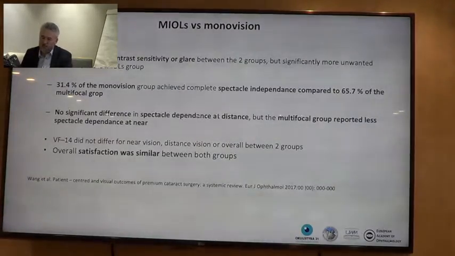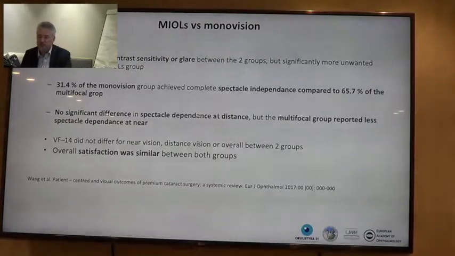About 30% of the monovision group achieved complete spectacle independence compared to more than 65% of the multifocal group. There was no significant difference in spectacle dependence at distance, but the multifocal group reported less spectacle dependence at near. Visual function questionnaires did not differ for near vision, distance vision, or overall between the 2 groups.